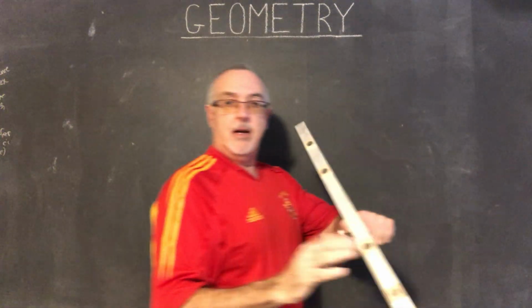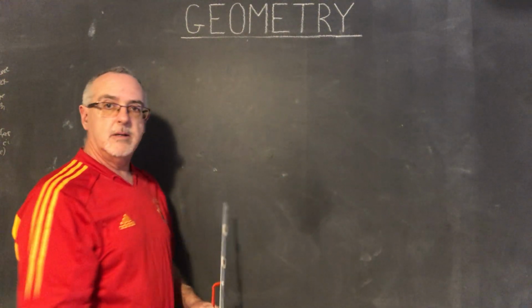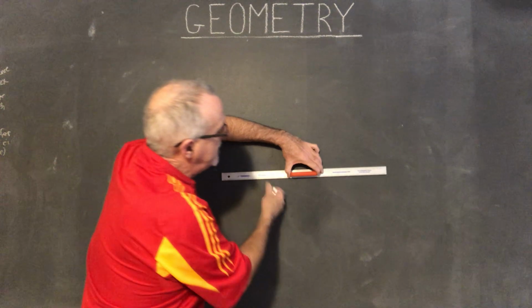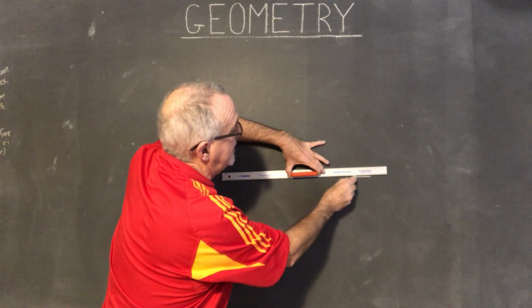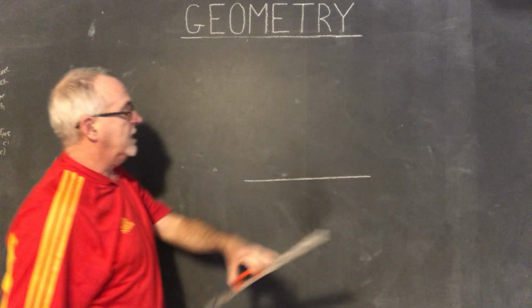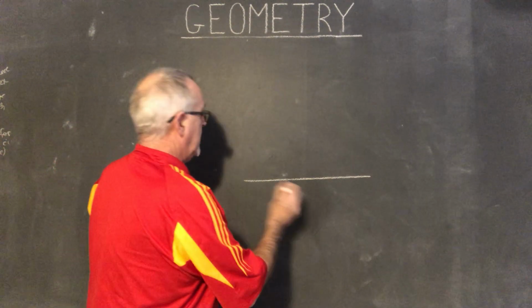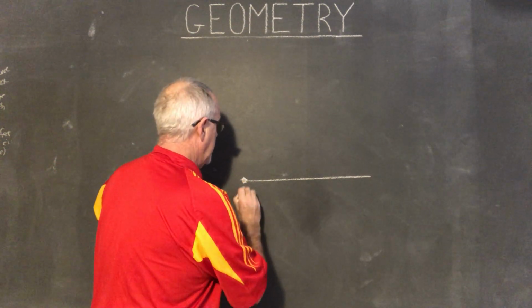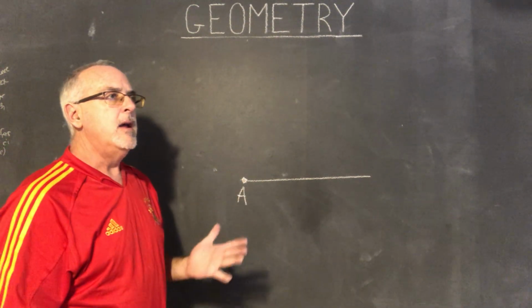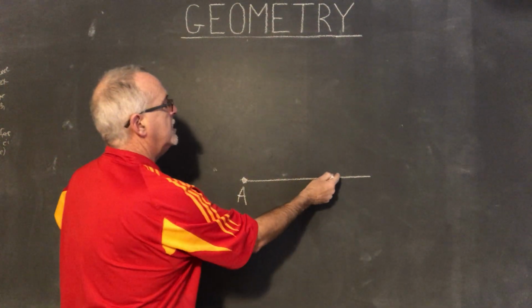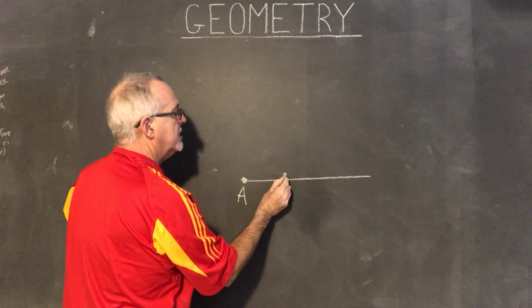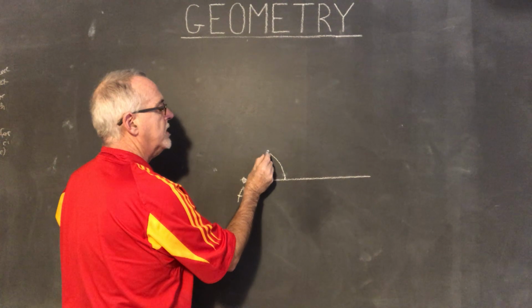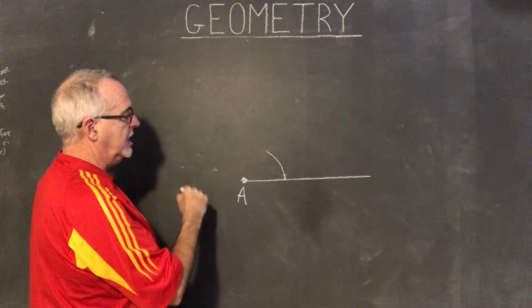Now this ruler does have magnets on it, but the chalkboard wall is not magnetic. How about if I do this technique? I'm able to hold it a lot more steady that way. Okay, I'll put my vertex here. And what if I draw an angle, and I'm going to draw up from this side. So I'm going in this direction with the arc that I'm going to use to label it.